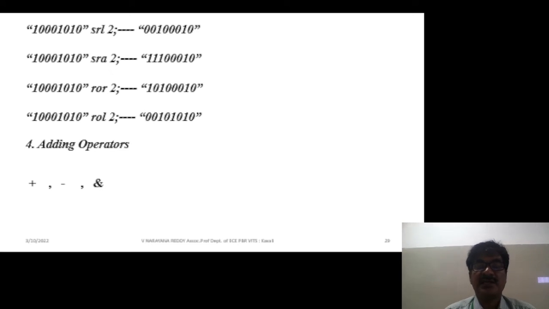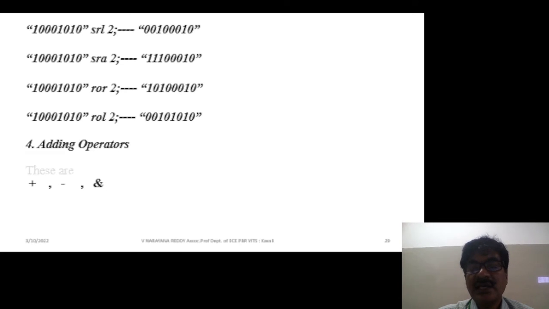Concatenation means placing side by side. Three different adding operators are available: plus, minus, and ampersand. Plus is for addition, minus for subtraction, and the ampersand symbol for concatenation, the appending operation.